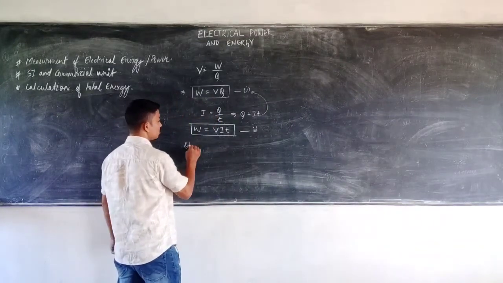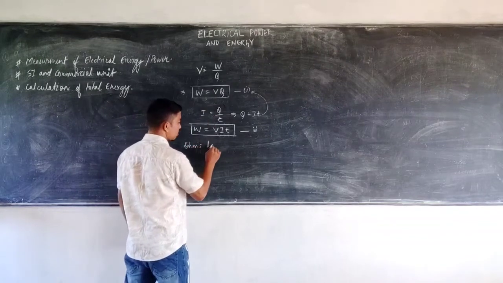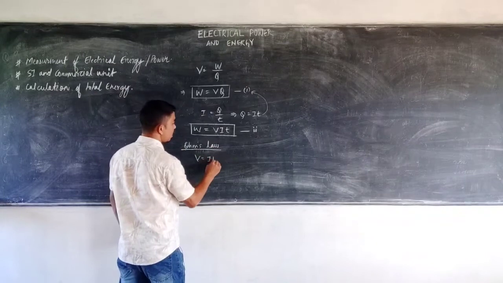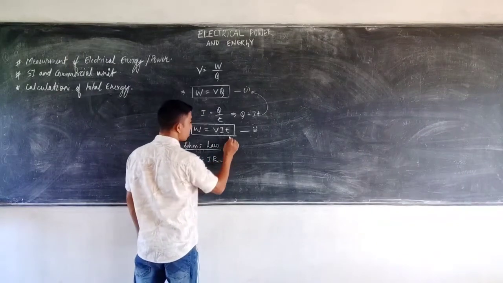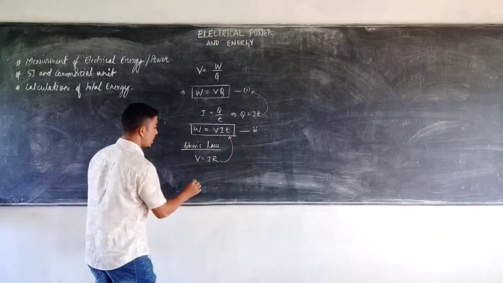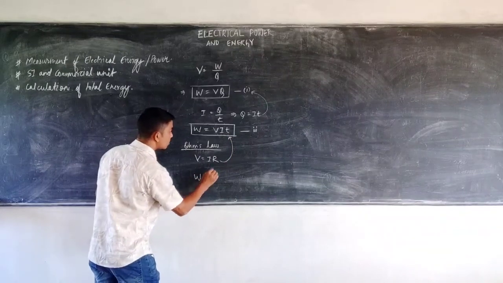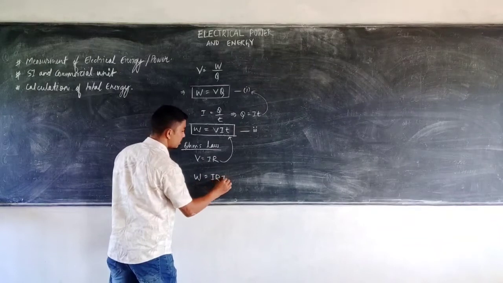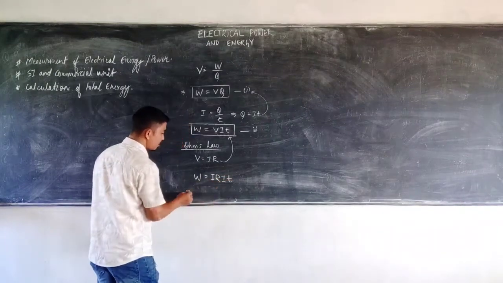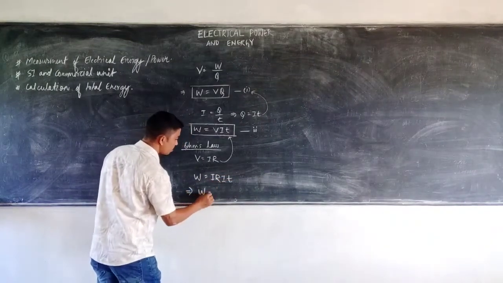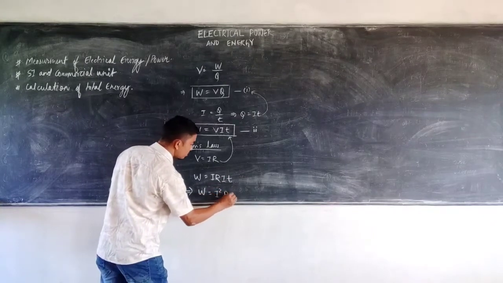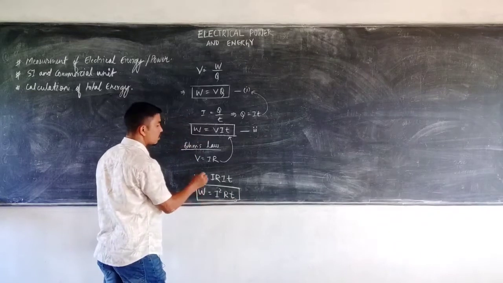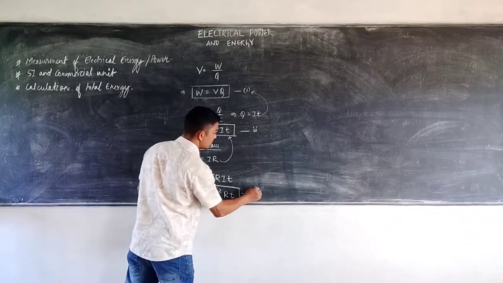From Ohm's law we have the expression V equals I into R. Substituting the value of V in equation 2, I will get W equals, now instead of V I will write I into R, and then again I T. So simply I will get W equals I square R into T. So this is the third expression to find the work done by the electrical energy.